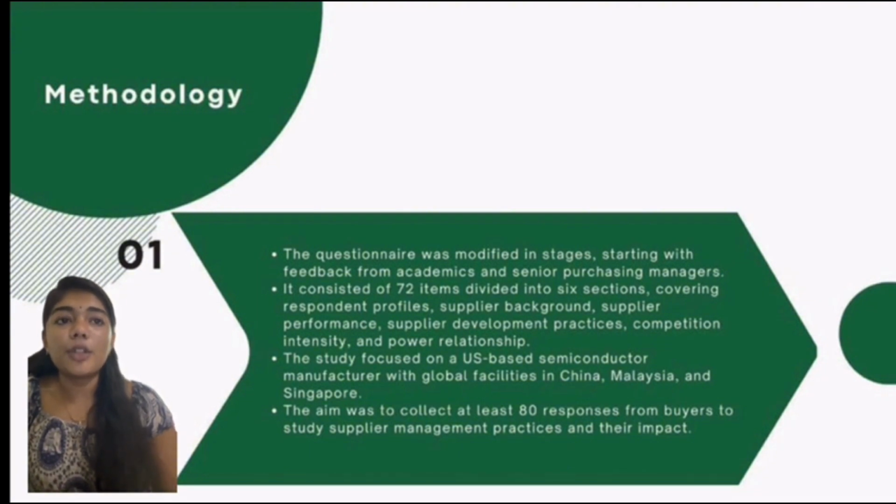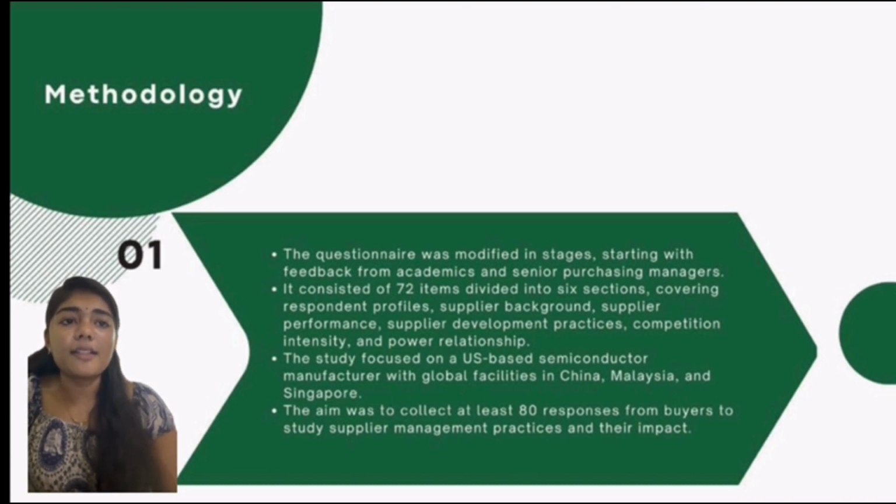Today I'm presenting the methodology for the article review. In summary, the modification of the questionnaire was done in stages. Initially, the questionnaire was reviewed by academics with relevant expertise to ensure its comprehensive clarity, validity and reliability. Based on their feedback, a modified version was developed and tested by 20 senior purchasing managers. Further minor changes were made in response to their feedback.